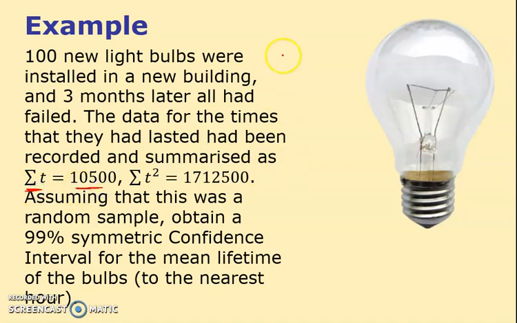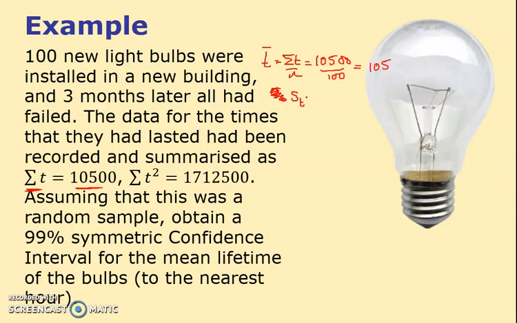So presumably we can do T bar equals that sigma T over N, which is 10500, and we divide them by 100. So no one's going to be surprised to learn on average they last for 105 minutes. The standard deviation, well, I could work out that. Why don't we just go straight to the unbiased version?